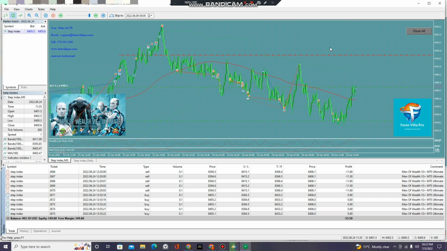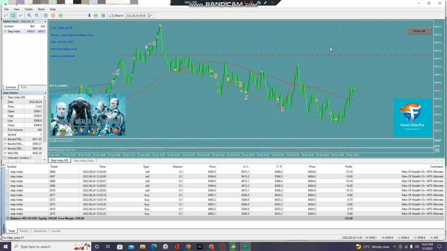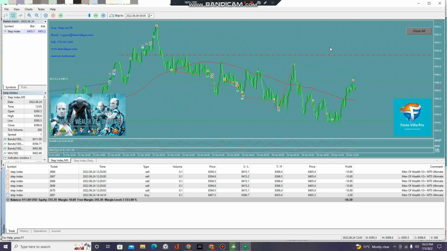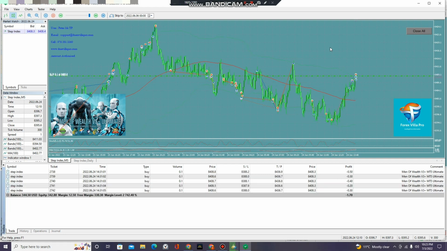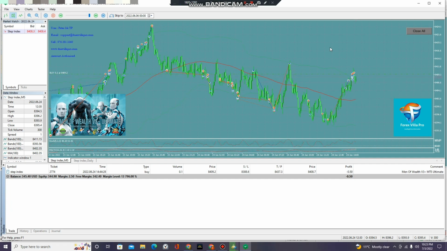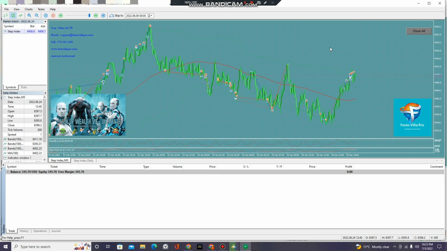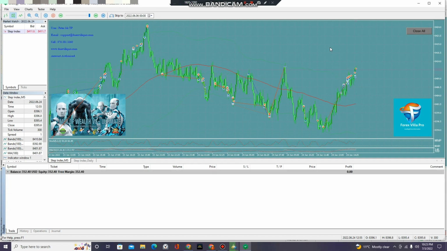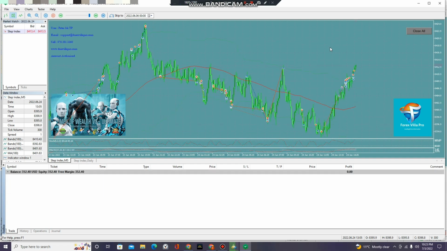So it's still going. Hedged again. Major buy right there, and another buy position. The sell is closing at a major loss, guys, and we're going deep down the drain right now. We're back to 245 USD in profit. If you add our 100 USD, it brings us to 325.